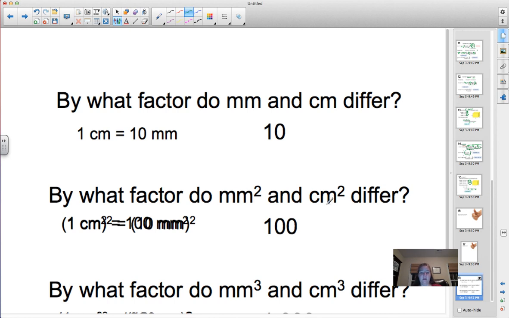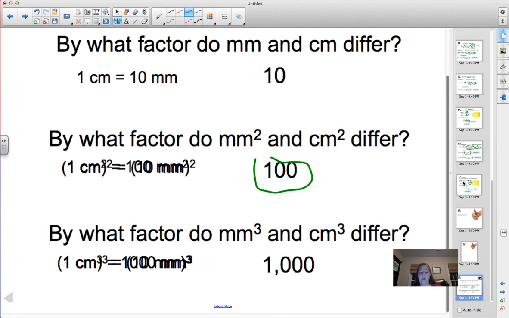Well, now you take 10 times 10, so it's going to be 100. Okay? Same thing with this one right here. By what factor do millimeters cubed and centimeters cubed differ? Well, now you're taking 10 times 10 times 10, and you end up with 1,000. Okay? So hopefully this helps clear up any confusion when it comes to unit conversions.